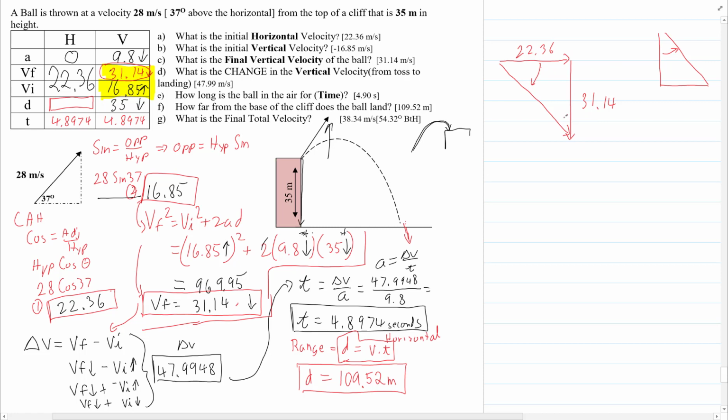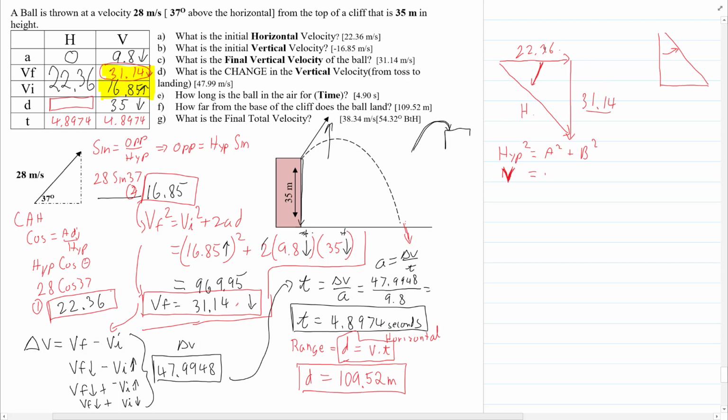So Pythagoras says we can get this hypotenuse by that squared plus that squared all square rooted. And to get that angle, we'll talk about it in a second. Let's do that hypotenuse first. It's a squared plus b squared, and that is basically the velocity.